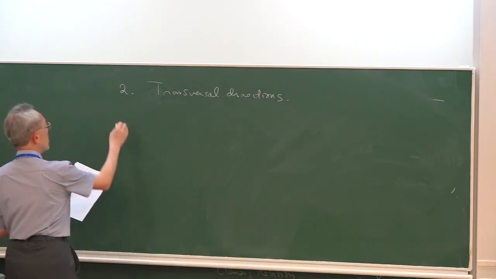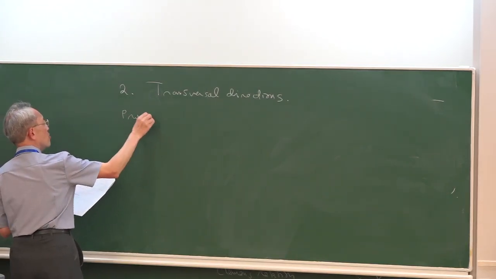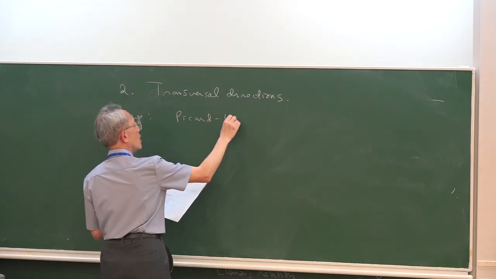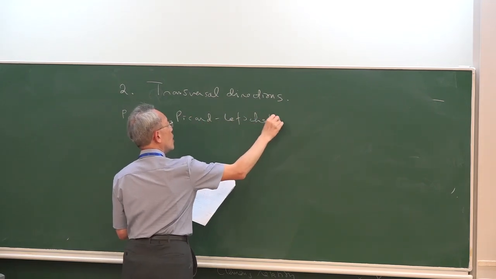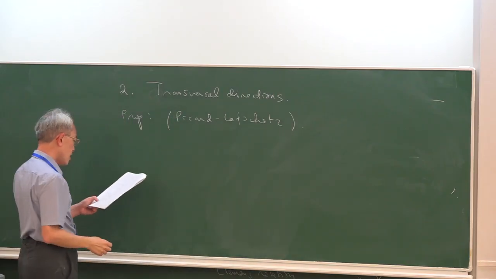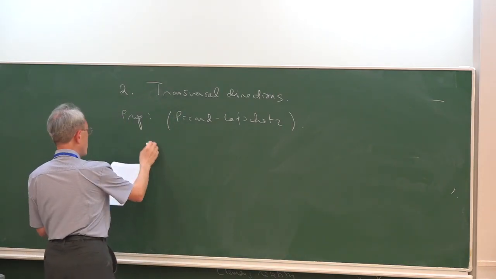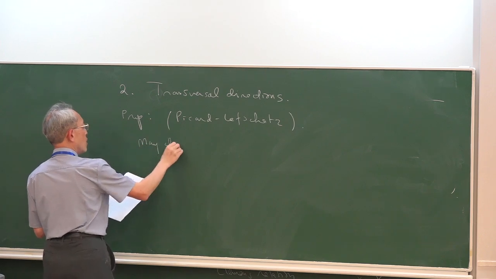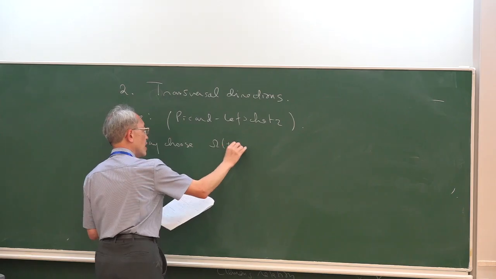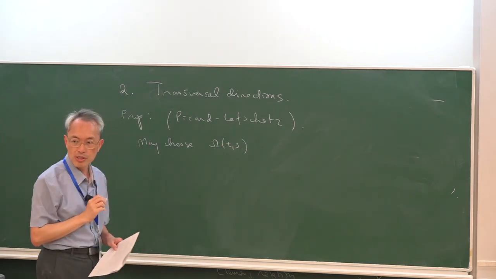And we have the important proposition, which is the Picard-Lefschetz formula, which says that we choose our holomorphic 3 form, with Ts the coordinates we just set up.